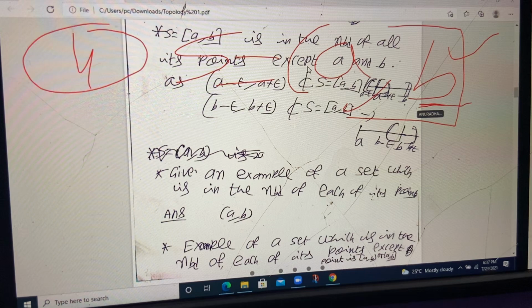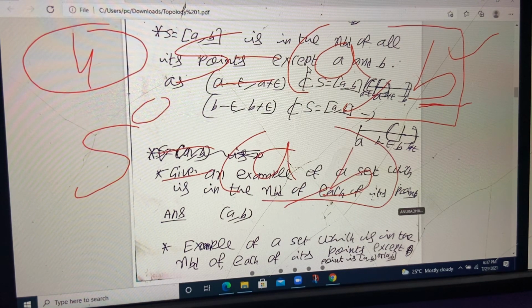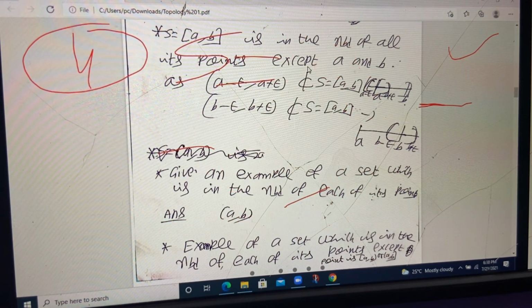Therefore, B cannot be an interior point. Everything inside is an interior point. So, what is S interior for this? Open interval (a, b). So, for left open, right closed also, S interior is the open interval (a, b). Is that clear? So for semi-closed, closed, open, for all the cases, for any interval in general, S interior is the open interval. This is the concept. Remember this as a shortcut now.